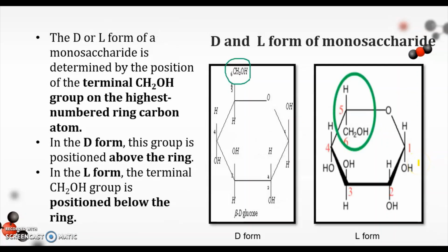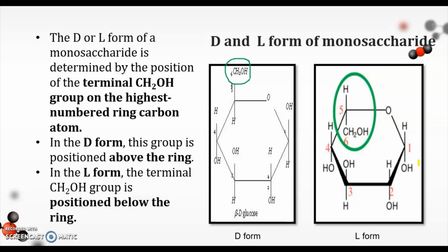The D and the L form of monosaccharide. The D and the L form of a monosaccharide is determined by the position of the terminal alcohol, or the CH2OH, on the highest numbered ring carbon atom. In the D form, this group is positioned above the ring.